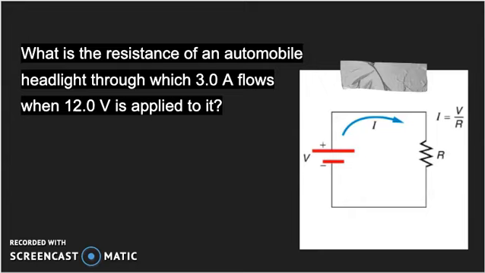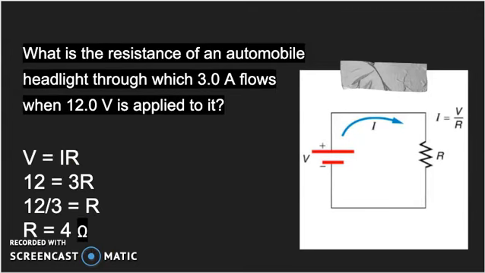So we'll use our equation, V equals IR. It's pretty simple because V equals 12 and our current is 3, so we plug those in and we get resistance equals 4 ohms. That's how we are able to find how much resistance or current or voltage is involved in a circuit.